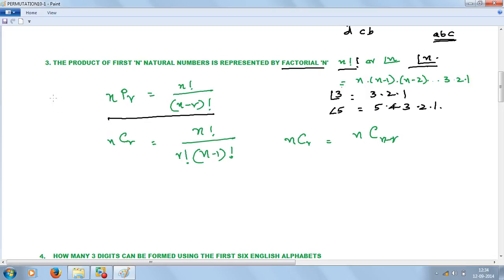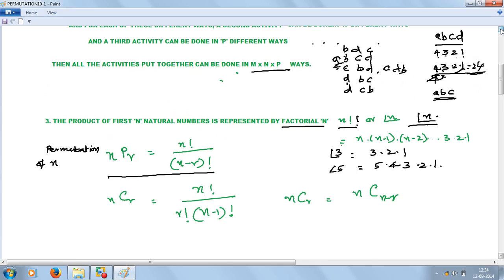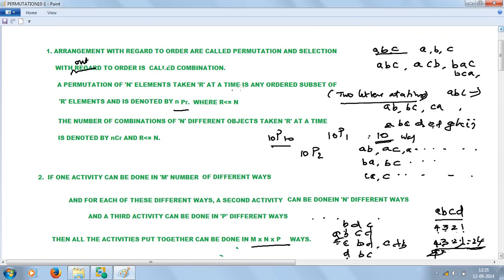Permutation of n elements taken r at a time.